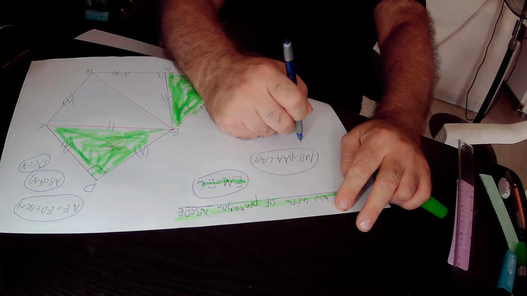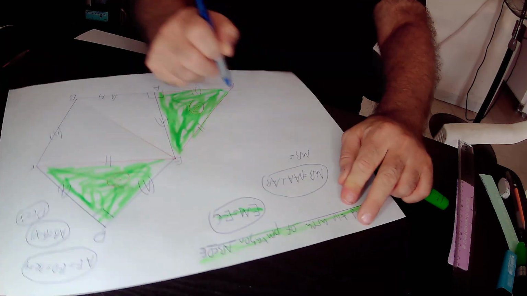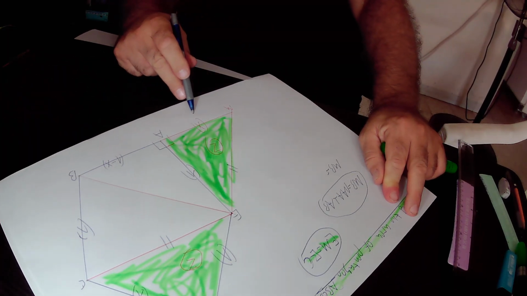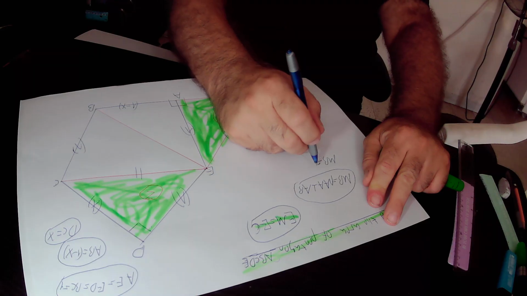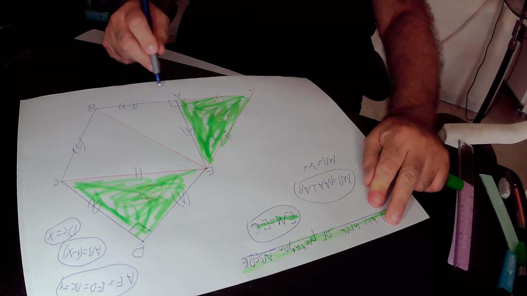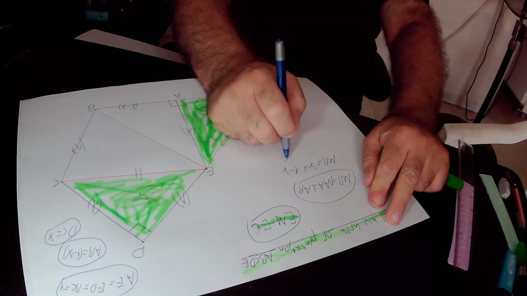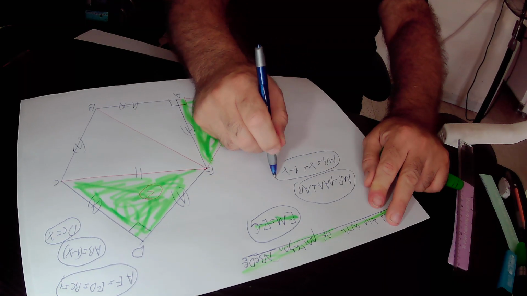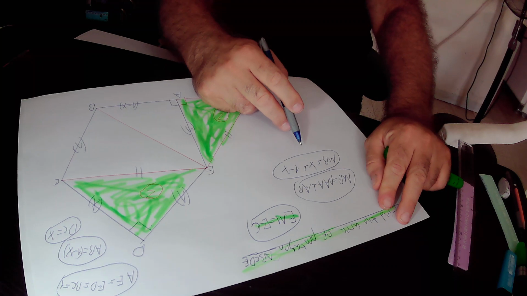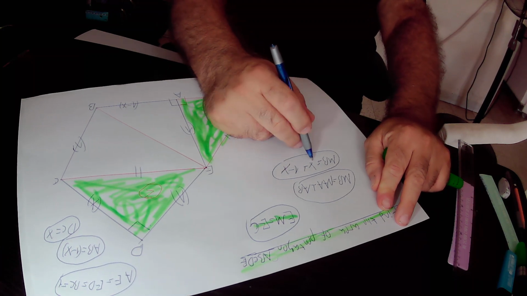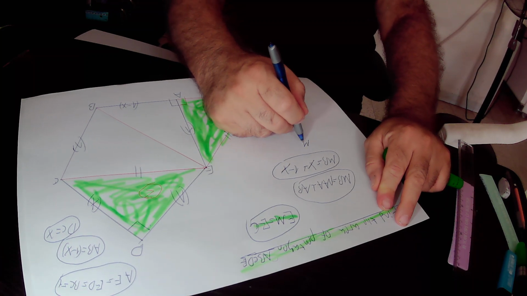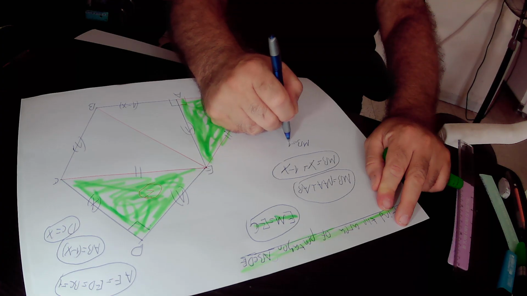So MB in total equals MA, that is X, plus AB, that is 1 minus X. So total MB equals X plus 1 minus X. X minus X is 0, so we are left with 1. So MB equals 1 unit in its length.